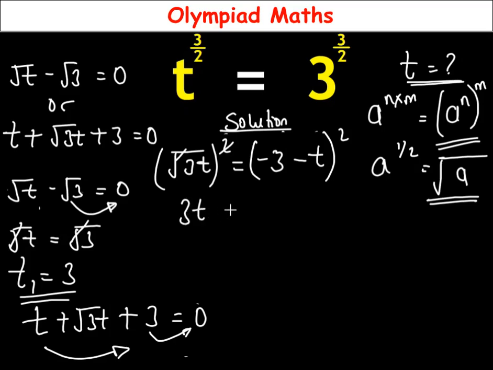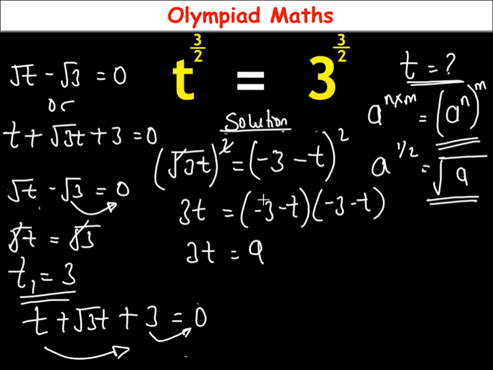We have 3t is then equal to minus 3 minus t multiplied by minus 3 minus t. So 3t is equal to minus 3 times minus 3 is plus 9, minus 3 times minus t is plus 3t, minus t times minus 3 is plus 3t, and minus t times minus t is plus t squared.